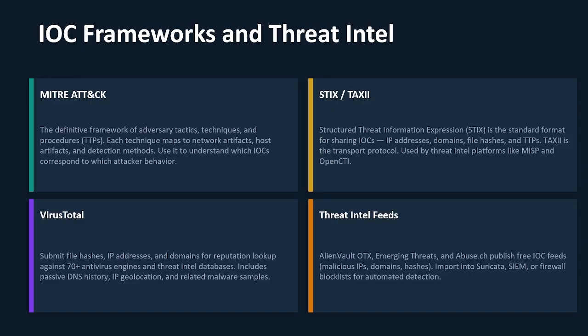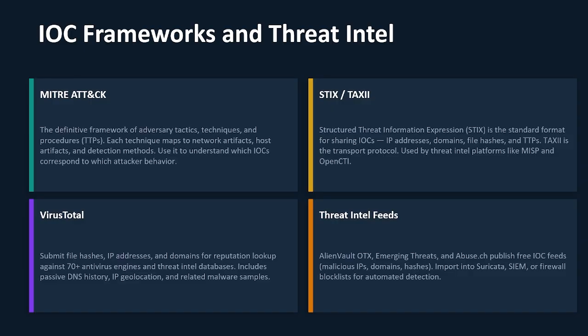There's threat intelligence feeds, so AlienVault OTX, Emerging Threats from Proofpoint, abuse.ch. They all publish various feeds which have malicious IPs, domains, hashes, and you can take those and import them into various tools. So Emerging Threats has a community version and a pro version that you have to pay for.